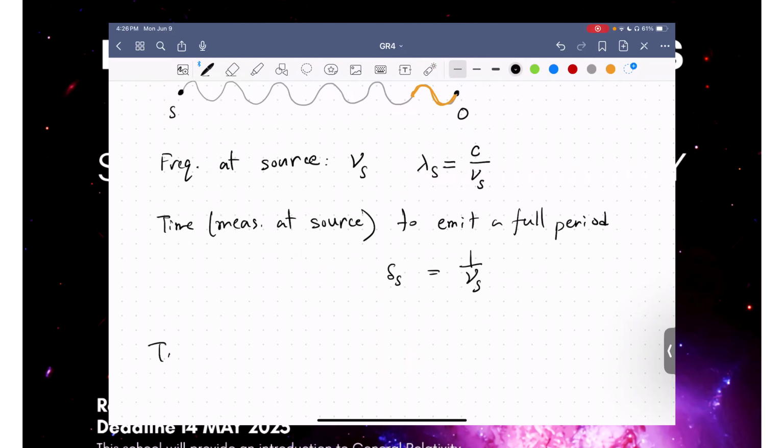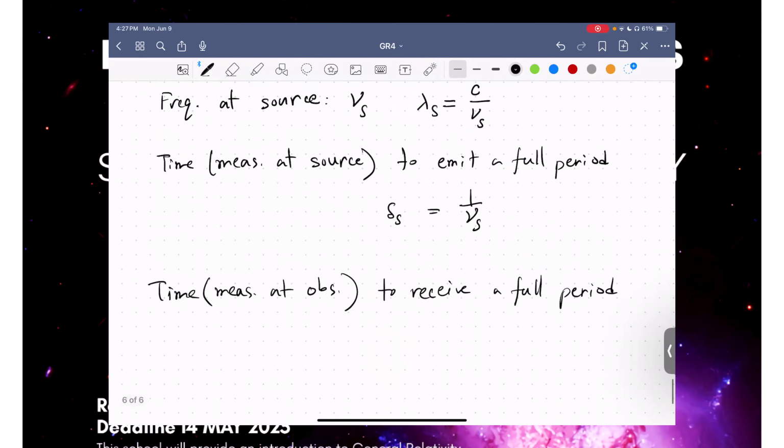So the time measured at observer to receive a full period, let me call it delta O, you're going to multiply by this relativistic factor.